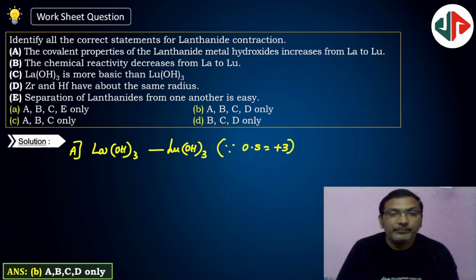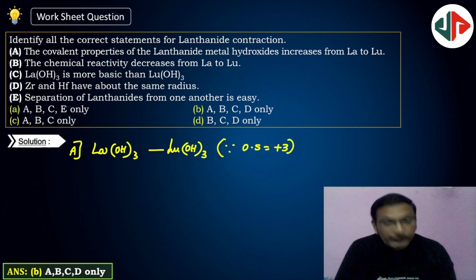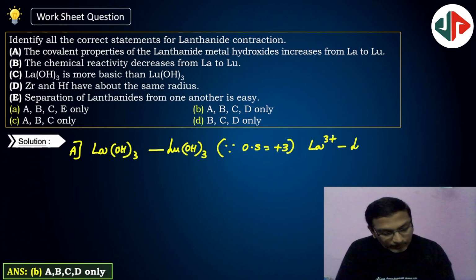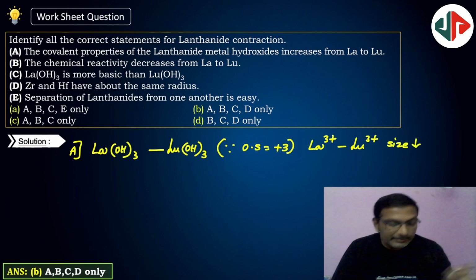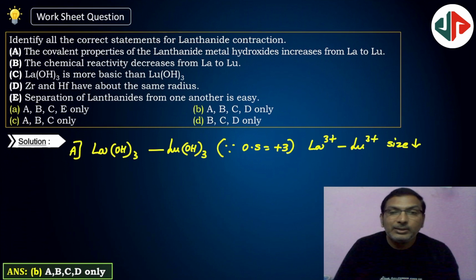From La3 plus to Lu3 plus, size decreases due to contraction. Lanthanoid contraction is due to the poor shielding effect of f orbitals from lanthanum to lutetium.